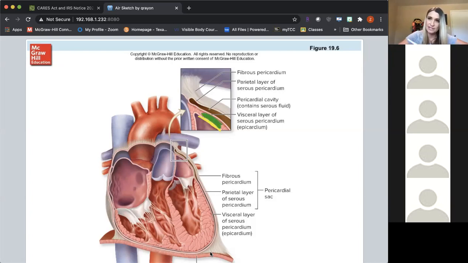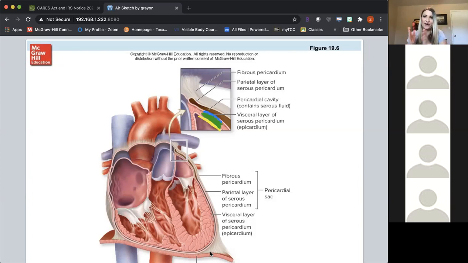And then the last part, the outermost part of the heart wall is the epicardium, or the visceral layer of the serous pericardium. And I chose blue for that one. Okay, so 3 layers of the heart wall. These are parts of the heart wall.